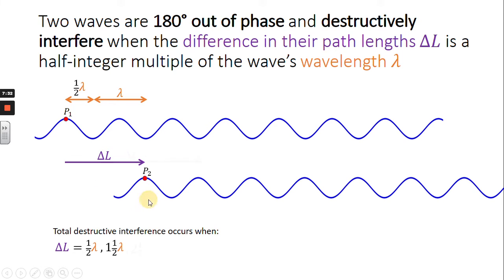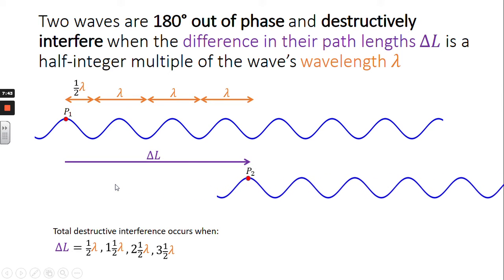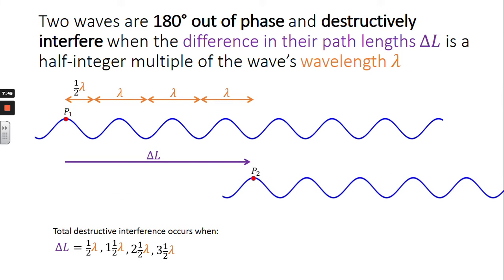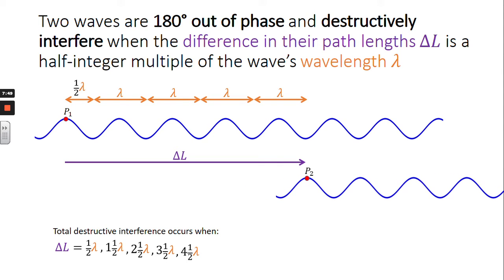We slide over another wavelength, that's where the crest of 2 will meet the trough of 1 again. So 2.5 wavelengths gives us destructive interference. 3.5 wavelengths also gives us out of phase destructive interference. So does 4.5 waves, and so on. Now that's not it, but it keeps going.